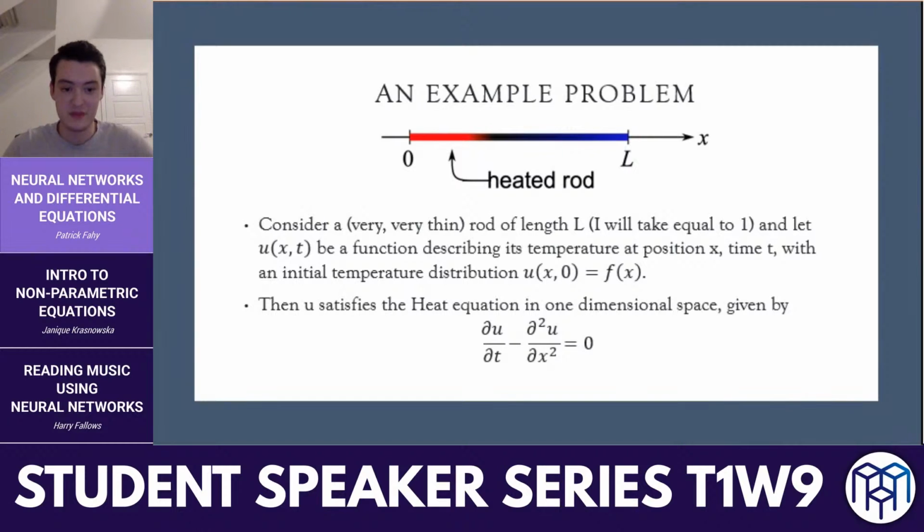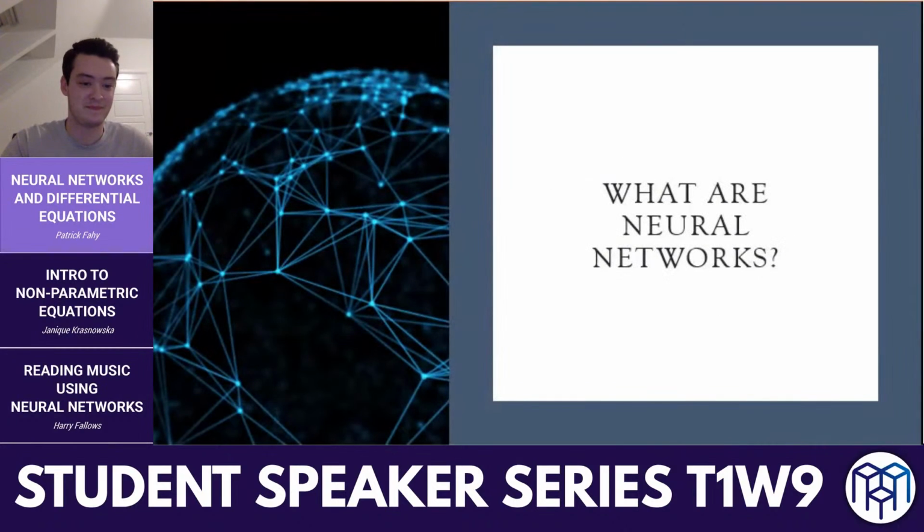And we can find that the heat satisfies this heat equation you can see at the bottom. And you may see that usually there's a constant in front of the second order term, but I'm just assuming certain properties of the solid that make it a nice constant. That's one. Okay, next slide, please.